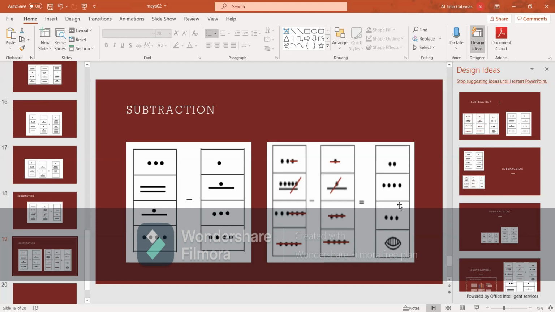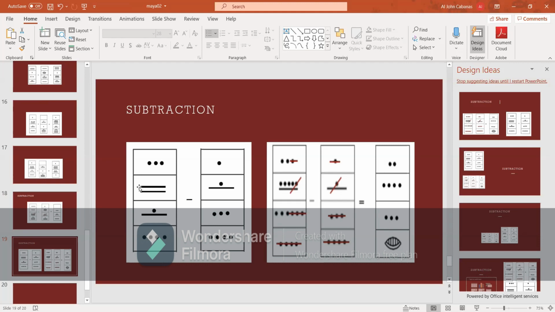Okay? Next step, 2 bars minus 1 bar, 1 dot. Okay? And then we have here, we can now cancel. Okay, so same with the previous box. So i-convert muna natin ang nasa taas, okay, into dots. So we have here 1 bar is equals to 5 dots, di ba?